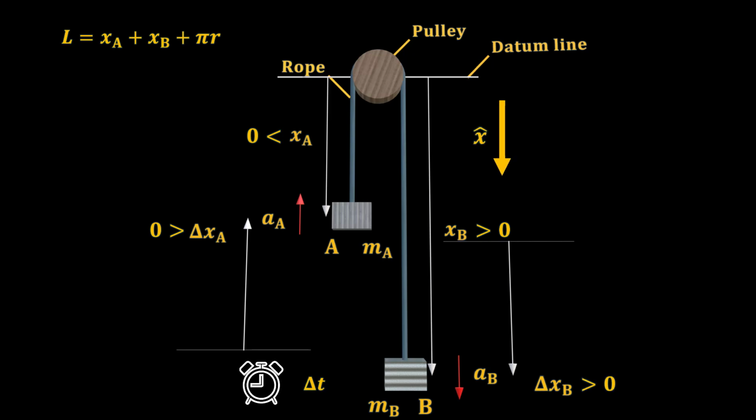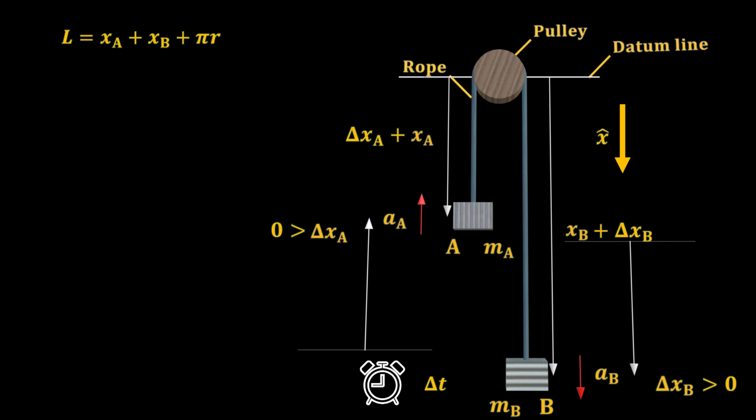The reason delta XA is less than 0 is because the displacement is upwards and we have taken downwards as the positive direction. The new displacement of object A from the datum line after delta t is XA plus delta XA. Keep in mind that delta XA is negative. The new displacement of object B from the datum line after delta t is XB plus delta XB, where delta XB is positive.